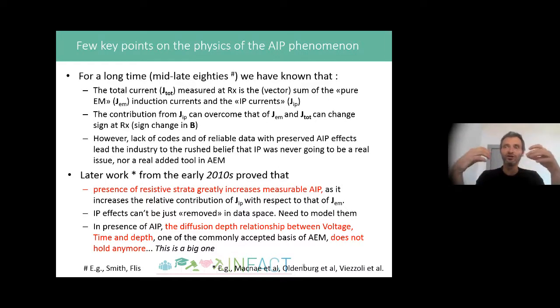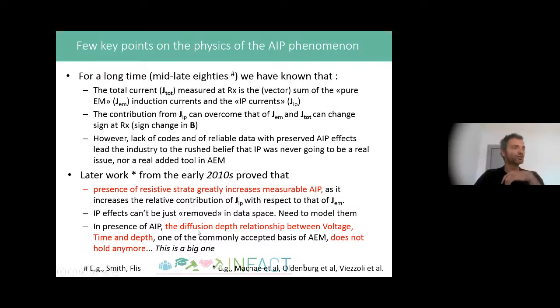And you will see a measurable IP effect only if the contribution of the IP currents is as strong or stronger than the one of the eddy currents. Obviously, if you put a resistor below a conductive chargeable layer, the relative contribution of the eddy currents will decrease suddenly, which will make the IP effects much more visible.